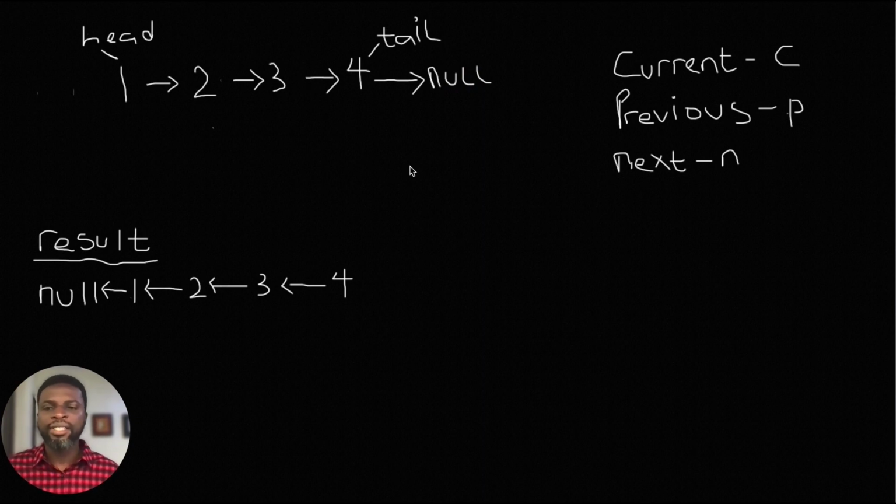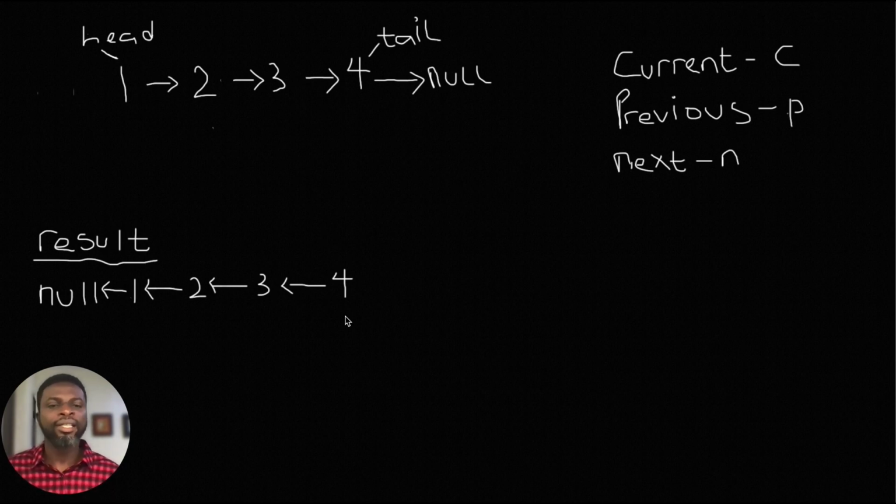After reversing this linked list, the head becomes the tail and the tail becomes the head. So this is the result we are expecting after reversing the linked list. After reversing, node 1 will point to null instead of pointing to node 2. Node 2 will point to node 1 instead of pointing to node 3, and so on.